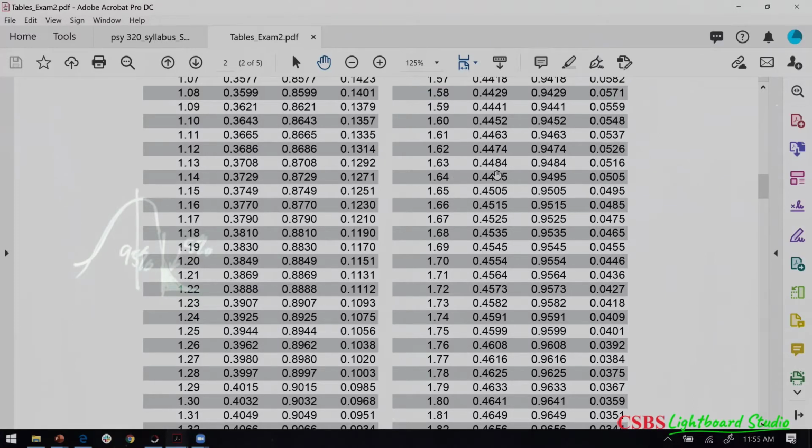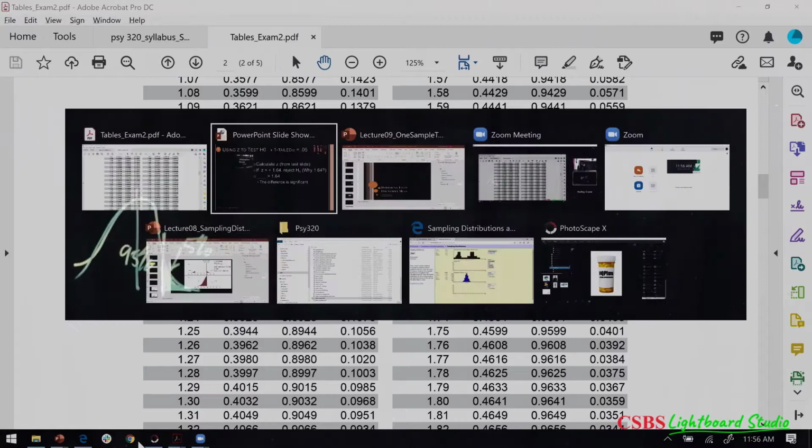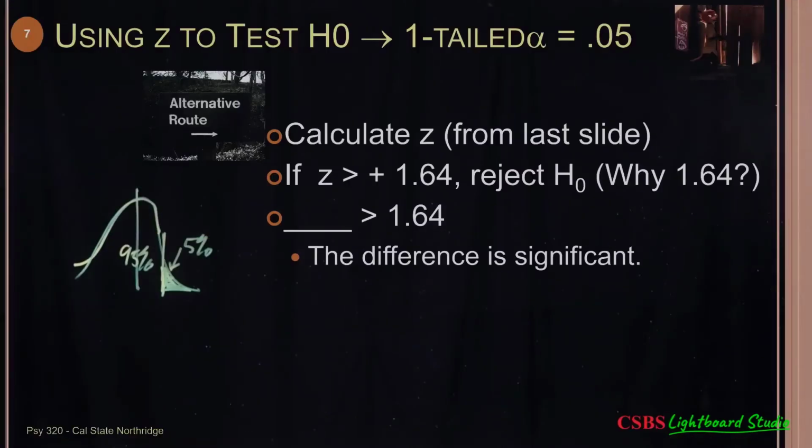I think I'd pick 1.64. Actually, I don't even know. I know that the real value is halfway in between these, which is why typically you see it as 1.645. But either way, you can pick 1.64 or 1.65, and it's going to be close enough. So 1.64 is the number.